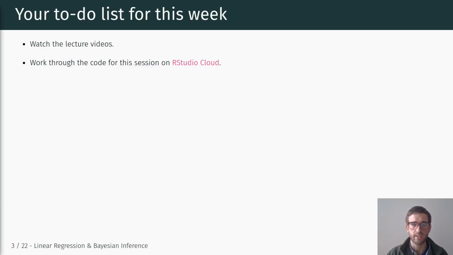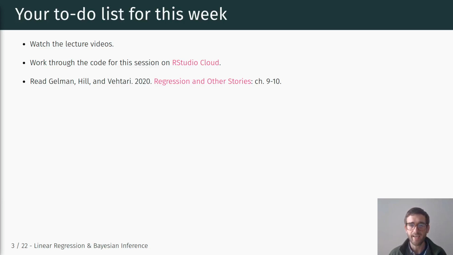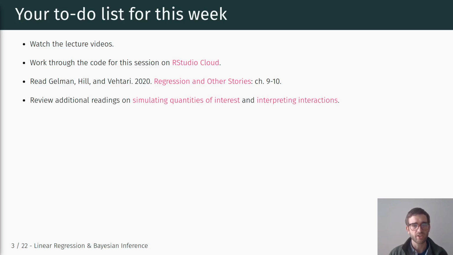So make sure to check that out and play around with that code. Then for this week, read Gelman and Hill, our textbook, Regression and Other Stories, chapters 9 and 10. Although our discussion this week will focus mostly on chapter 9, and we'll talk a little bit more about chapter 10 in the upcoming week.